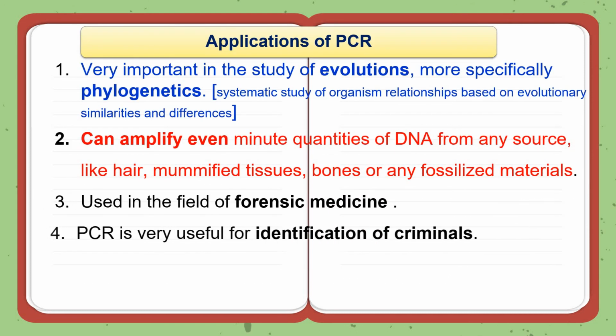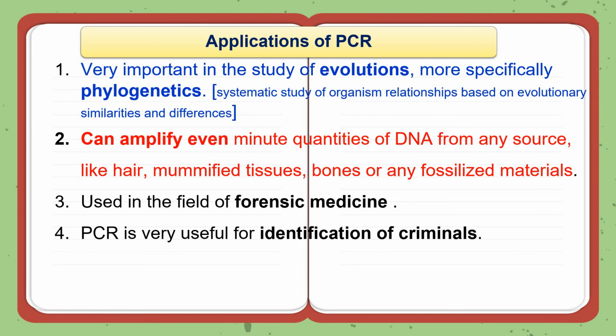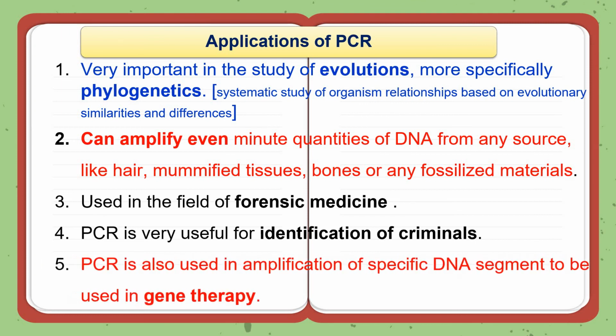Then the application of PCR, very important in the study of evolution, more specifically phylogenetics. What is the meaning of phylogenetics? It is a systematic study of organism relationship based on evolutionary similarities and differences.